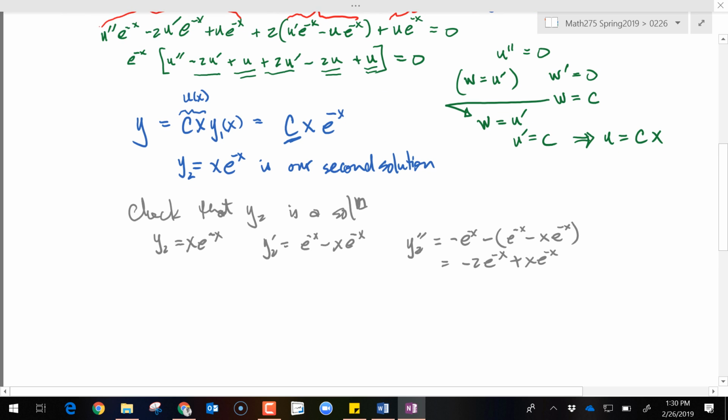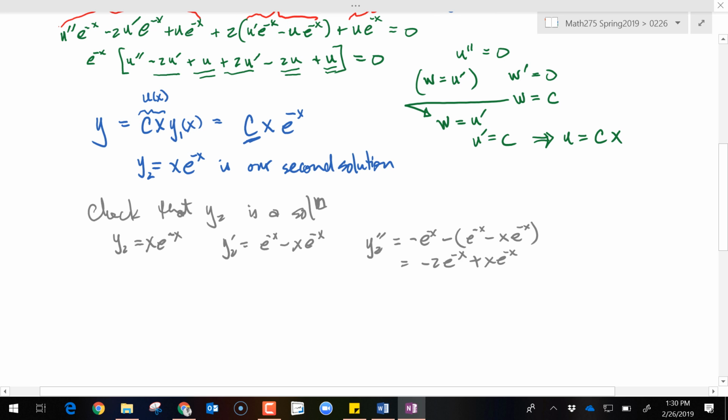So if I plug that into the differential equation, we should get 0. So minus 2e to the negative x plus x e to the negative x. So that's double prime plus 2 times the prime plus 1 times the original.